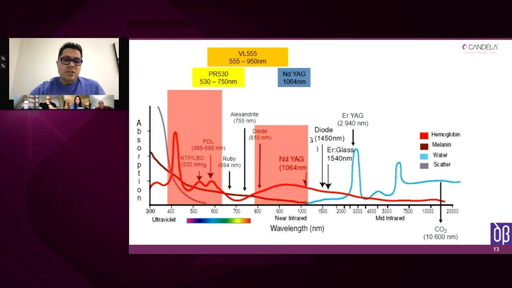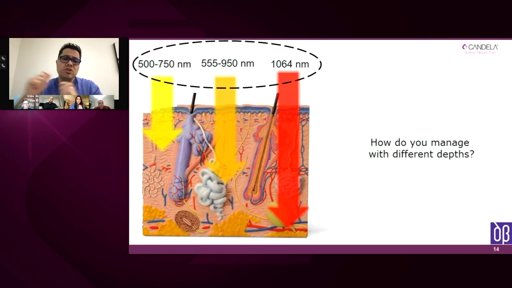One of the advantages of the Norlis device is that in just one single system, you have different wavelengths and you can reach different depths. And that's one of the features that makes this device very ideal for this type of treatment. So with just changing the handpiece, we can reach different depths.